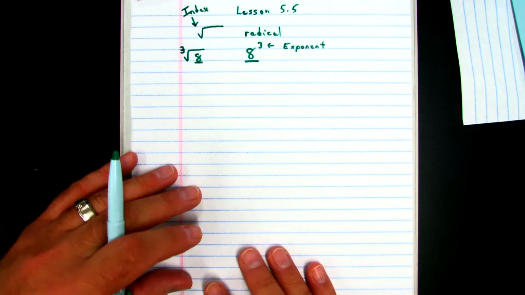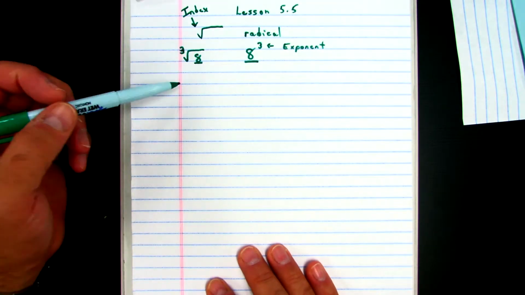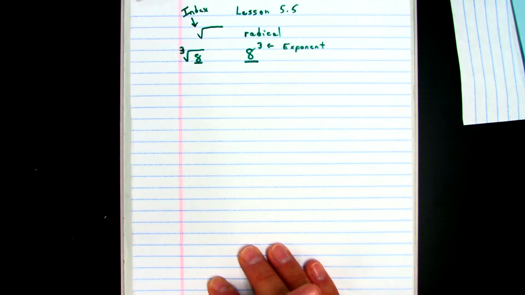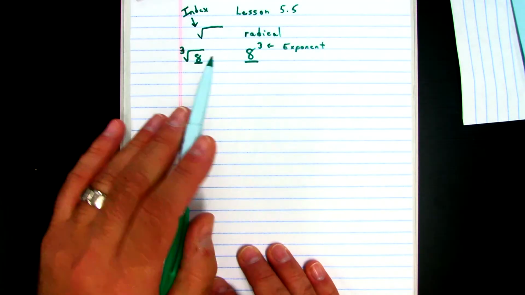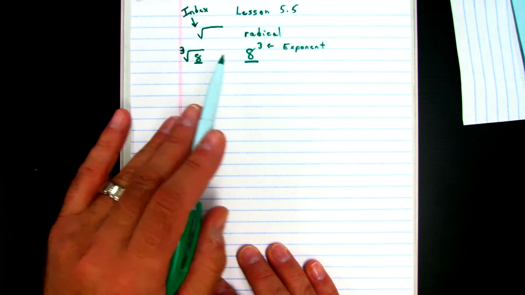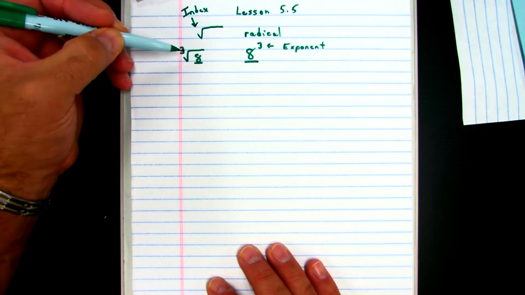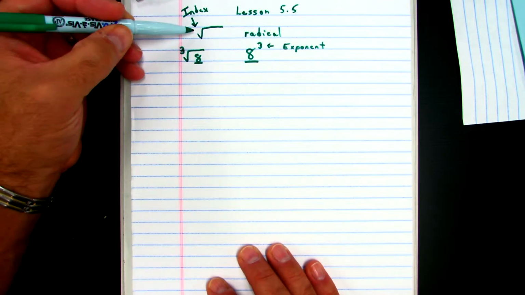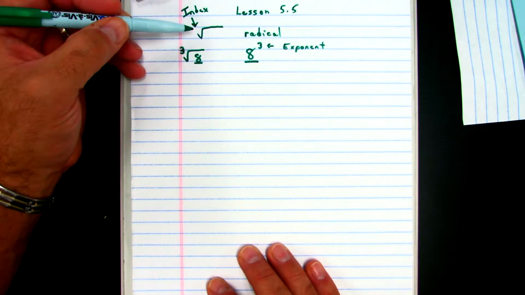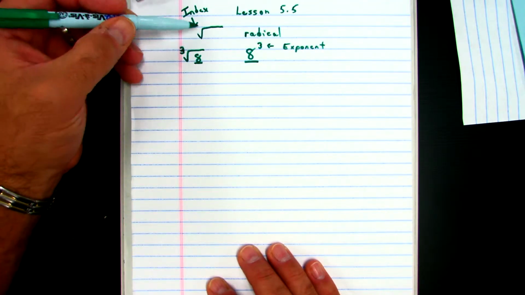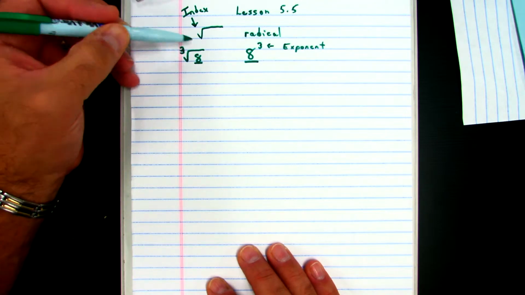They're going to ask you at times to write something in radical form, which means you have to have a radical. They're going to tell you to write things in exponent form, which means you would have to have an exponent. And you can switch back and forth between these two forms. Now, the number that is out here is a 3. When there is no number, the understood number is 2. So it's understood that this is square root when there is no number here.